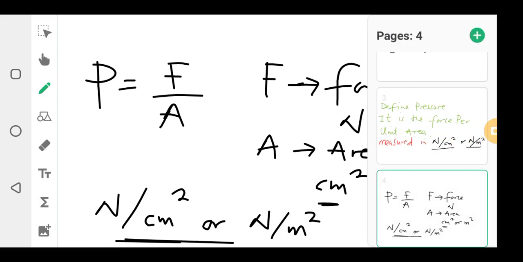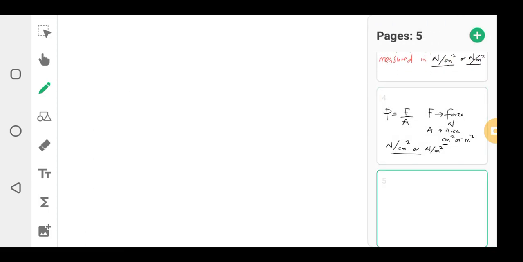Now, how do you find the application of this? They can tell you, this is example 1.